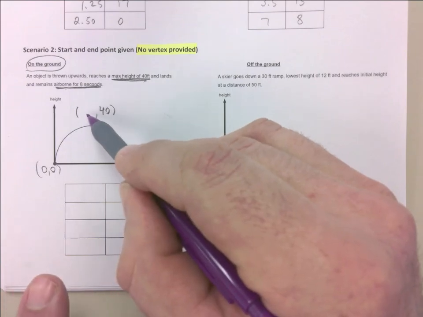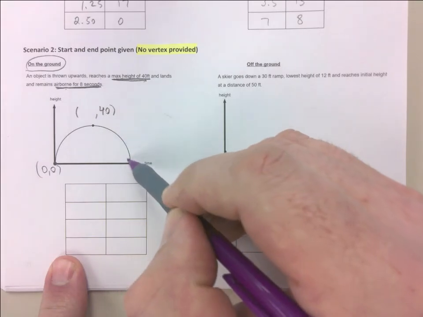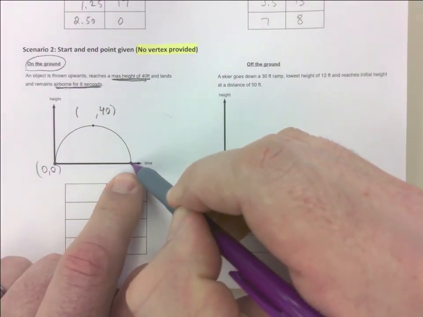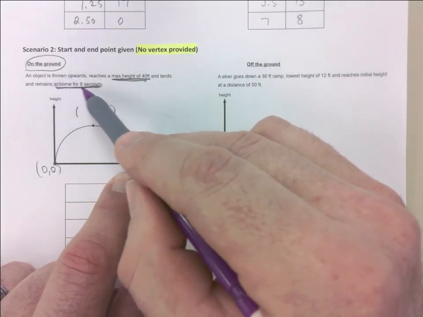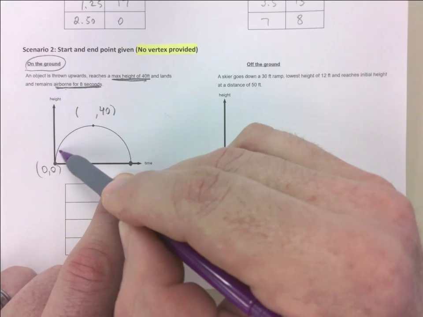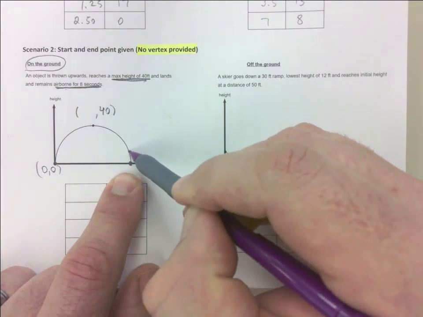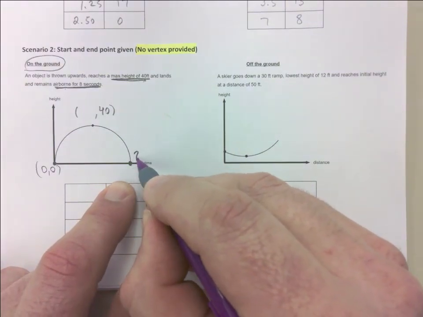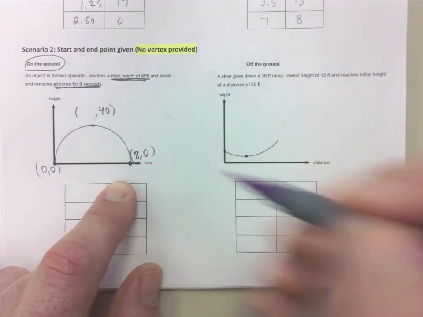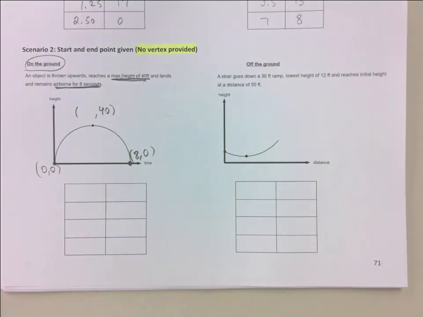So that's my unknown. Go to this end. Do we know this? It remains airborne for 8 seconds, meaning it stays in the air for 8 seconds until it hits the ground. So I'm going to label it right here. 8 is given to us as well.